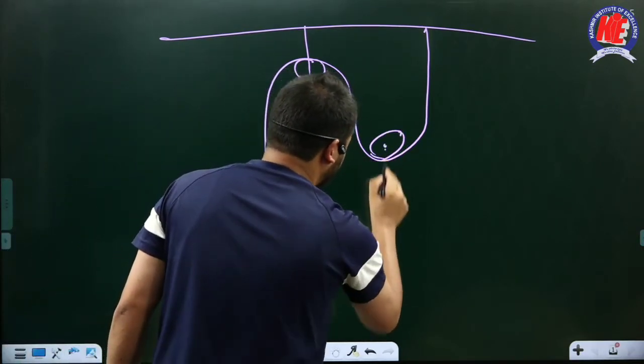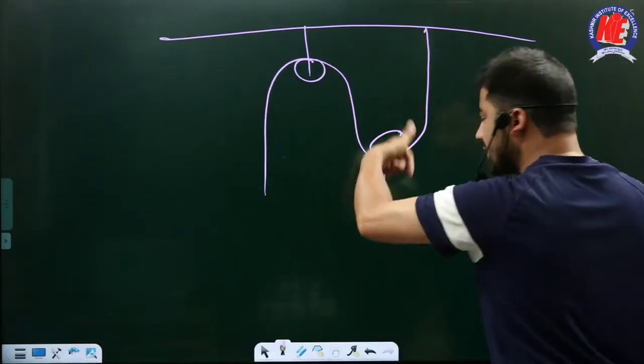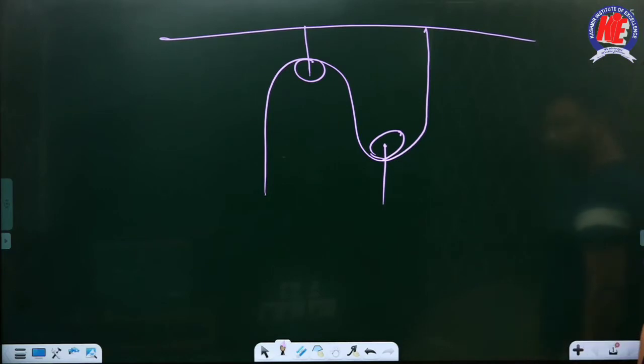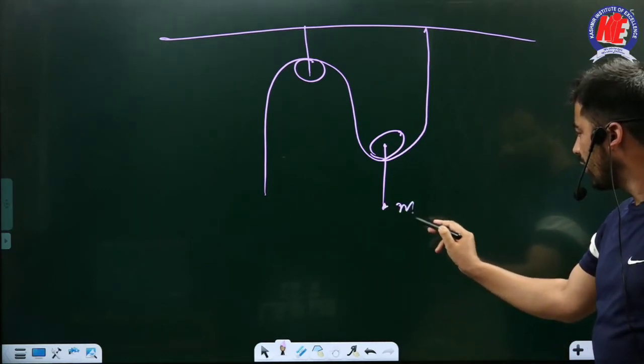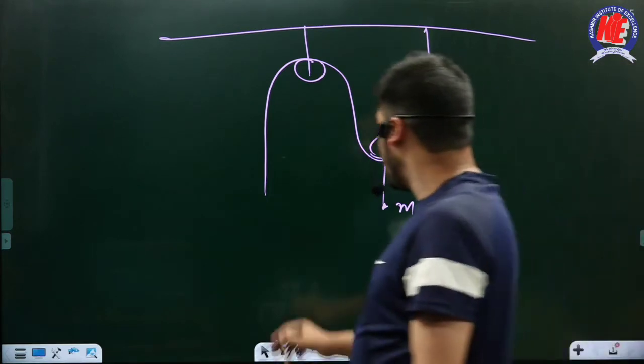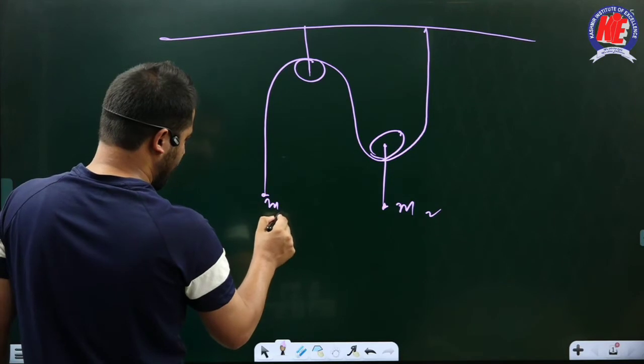Okay, but this pulley, although it's hanging by means of the string, is a movable pulley. If I assume the pulley I am talking about here has a mass m2, and the string, there is one more mass here, and that's m1.